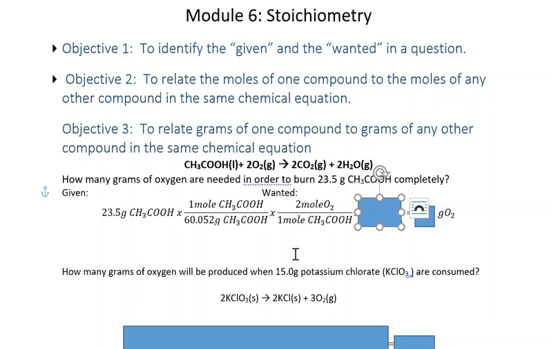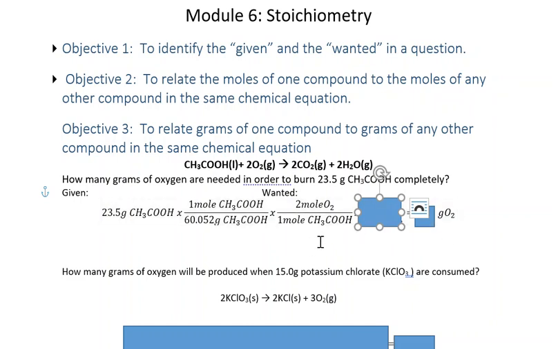So if I were to simply take 23.5, divide it by 60, multiply it by 2, that would give me the number of moles of oxygen that are required, but it doesn't give me the grams of oxygen, which is our goal.